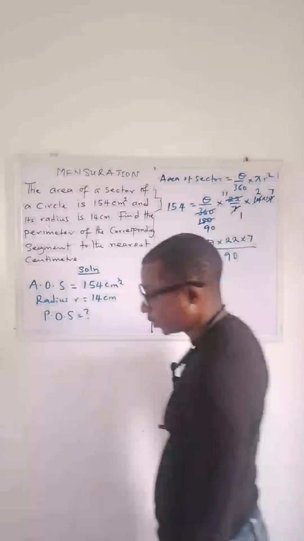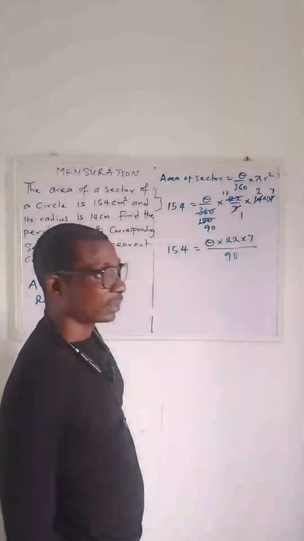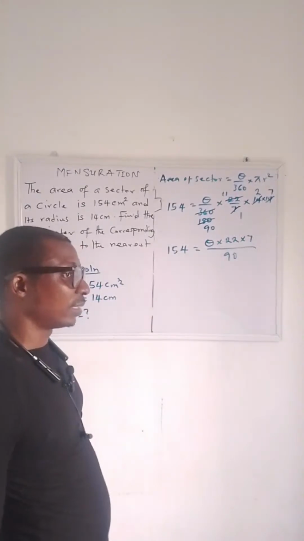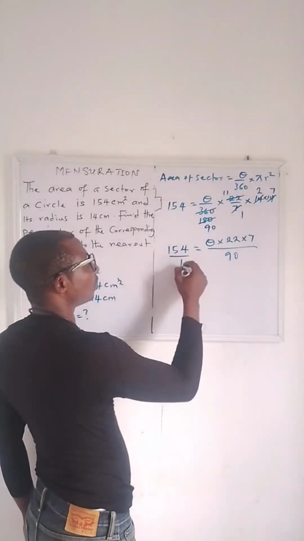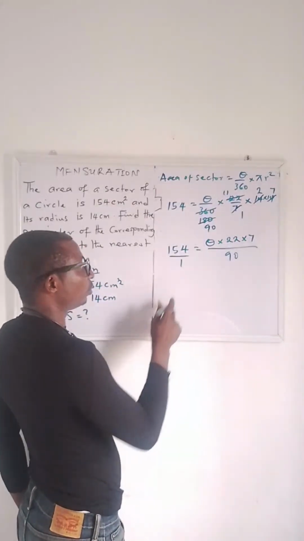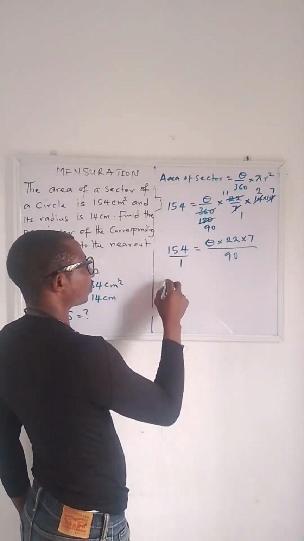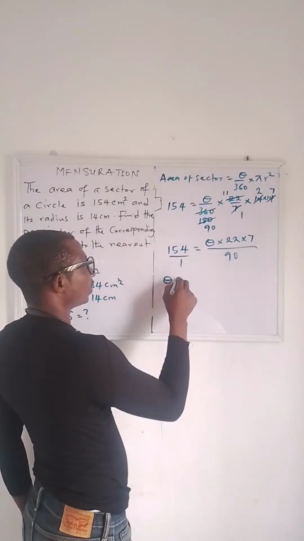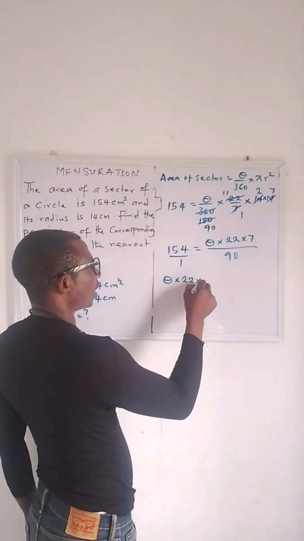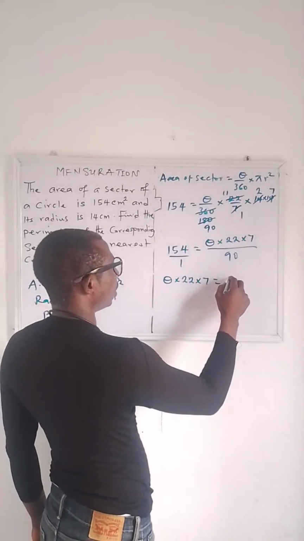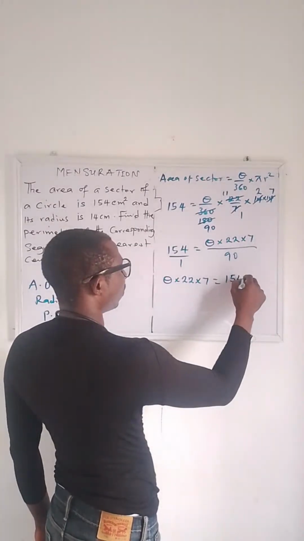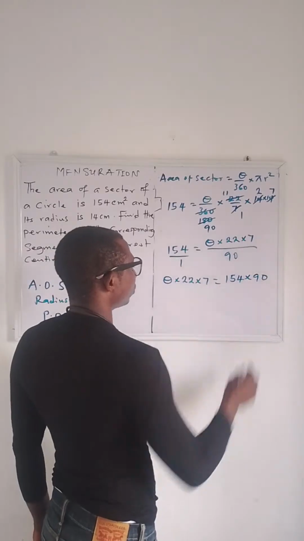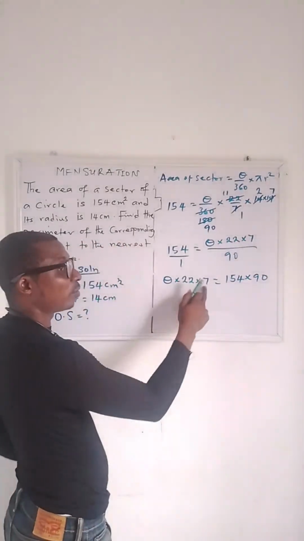Someone has given an answer to be 90. I think that's supposed to be 90 degrees. Yes. So you cross multiply. We have theta times 22 times 7 equals 154 times 90. Here you divide both sides by the coefficient of theta.